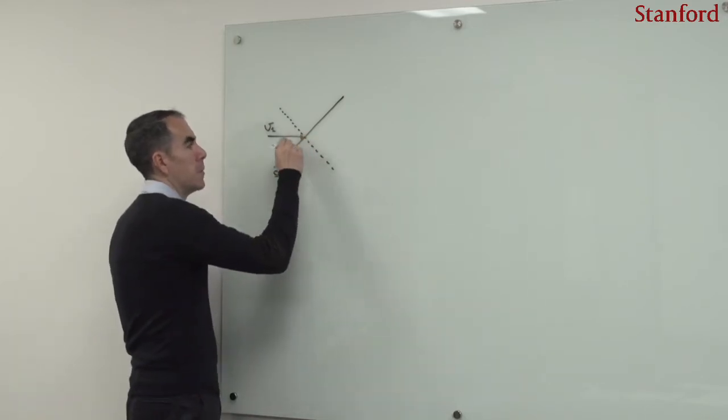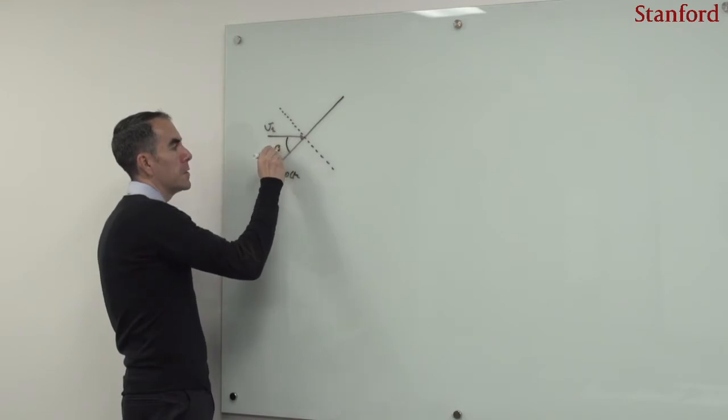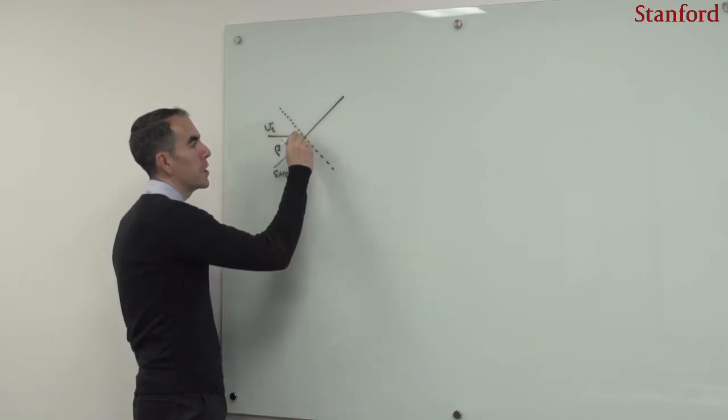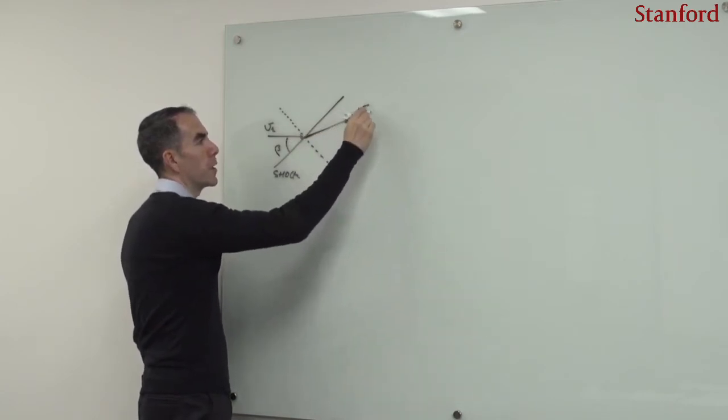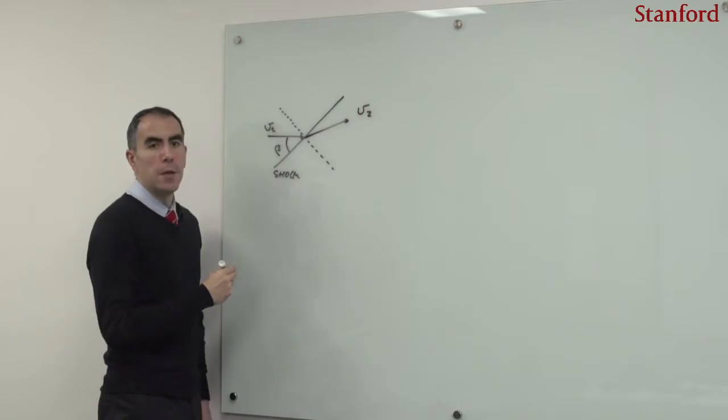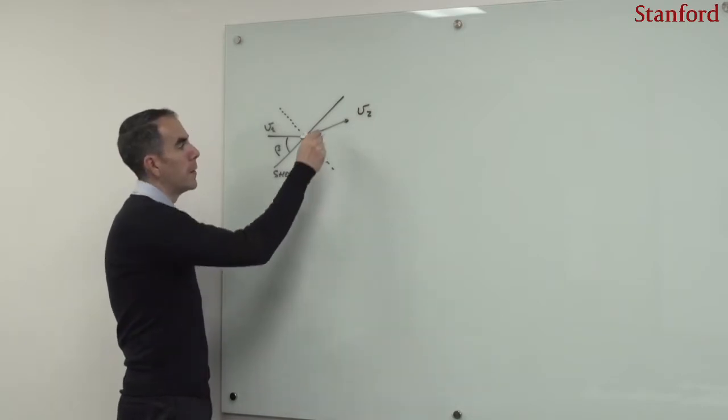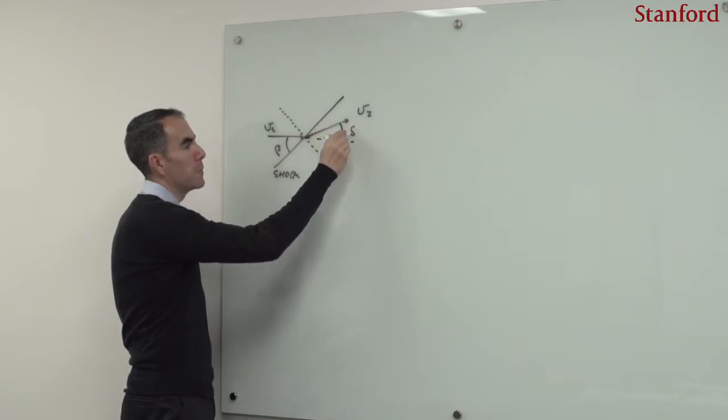Then there is an angle here that is the incidence angle, and the streamlines are going to be deflected. So the post-shock velocity is going to look like this. And this angle here, the streamline deflection angle, is denoted by delta.